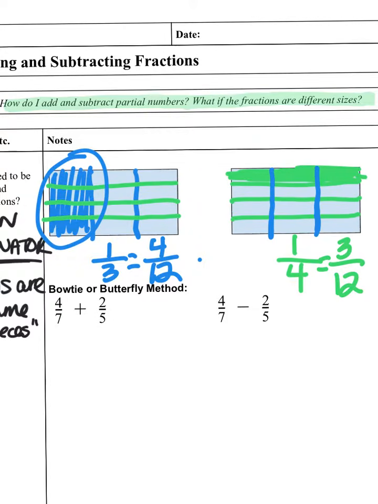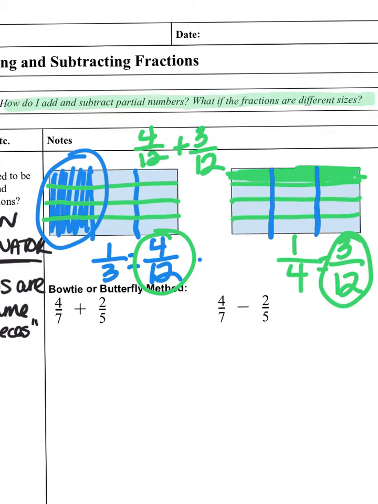I just multiplied those each by 3. Okay, now since I have a 4/12 and a 3/12, I can add that together. 4/12 plus 3/12. Everything's in 12th sizes, but now I have 7 out of 12. 12 is the size piece that we have. On the left I have 4, on the right I have 3, so total I have 7 altogether.